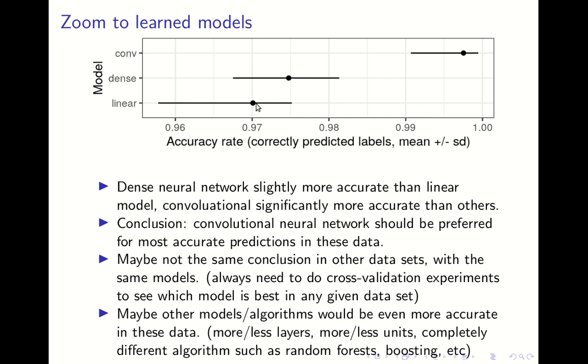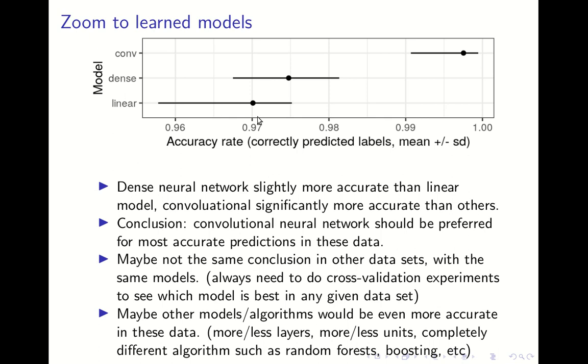But the convolutional model is doing quite a lot better than both of them, between 99 and 100% accuracy with respect to held out test data. So that's really good. And so the conclusion is that in this particular data set, the convolutional neural network should be preferred over these other two.